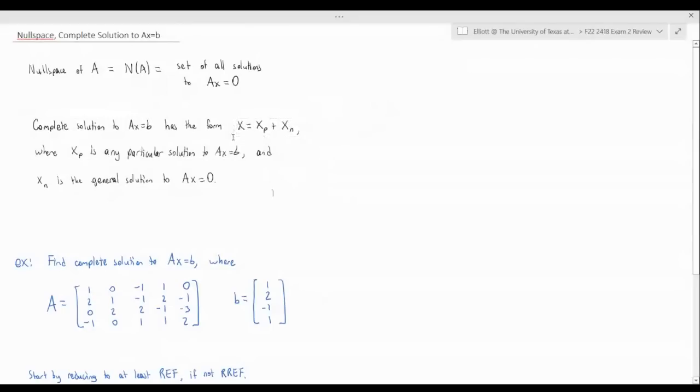So here in this kind of equation, xp is going to be one particular solution to the equation. And then xn is going to represent the general solution to Ax equals 0. So the n kind of stands for null space because this would be an element of the null space since Ax is equal to 0, okay?